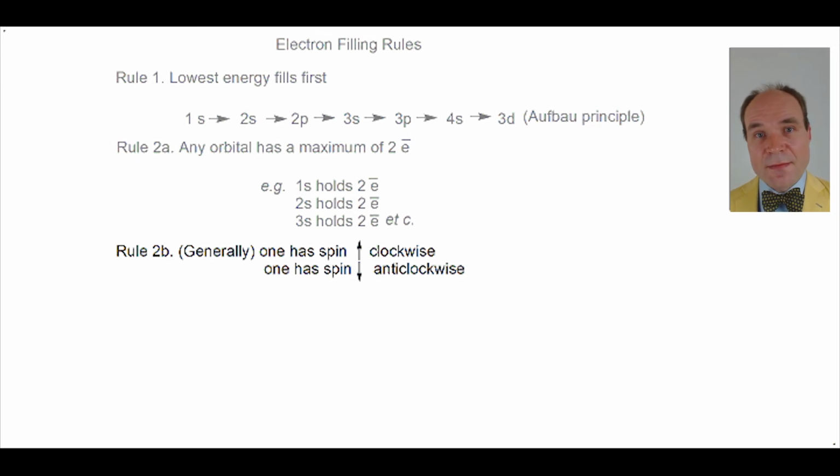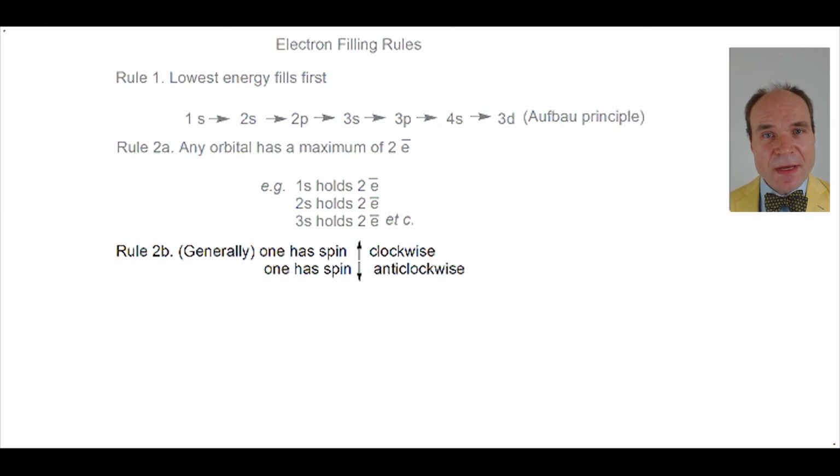If we look at the maximum 2 electrons present in an orbital, we can see that they are paired. 1 electron, if it's traveling clockwise, its partner must be traveling anti-clockwise. We use up arrows and down arrows to indicate these partners. Occasionally, this breaks down, but this isn't something to worry about at this point in time.